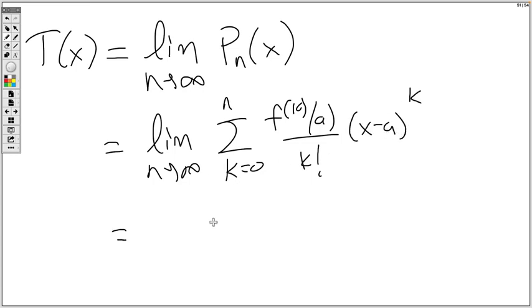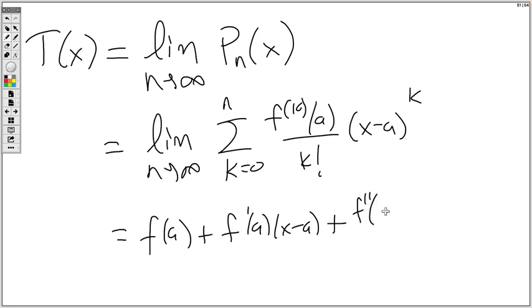When in doubt, write it out. It's f of a plus f prime of a times x minus a plus f double prime of a over 2 times x minus a squared plus dot, dot, dot, and it just goes on forever.